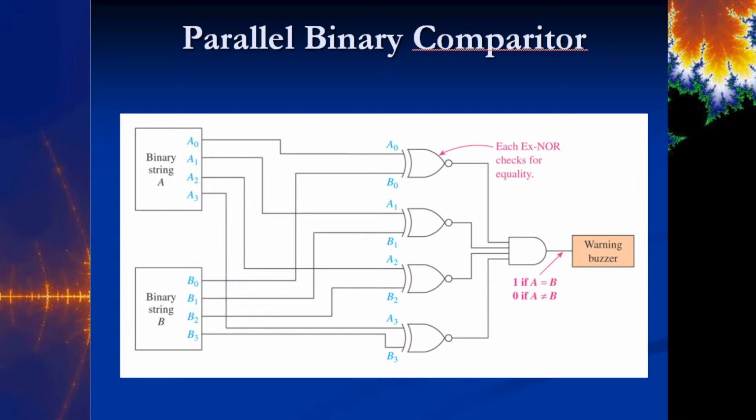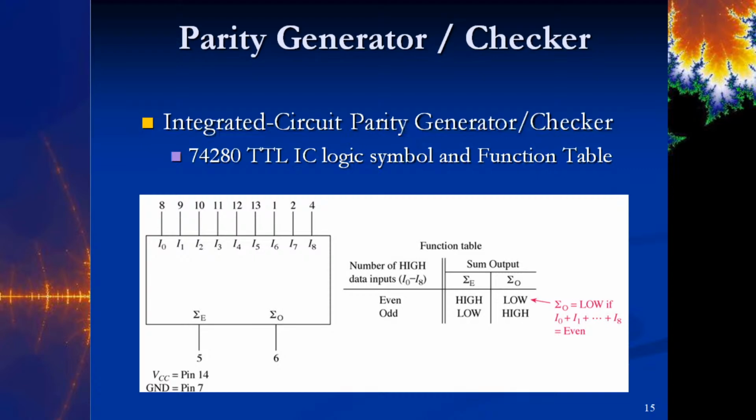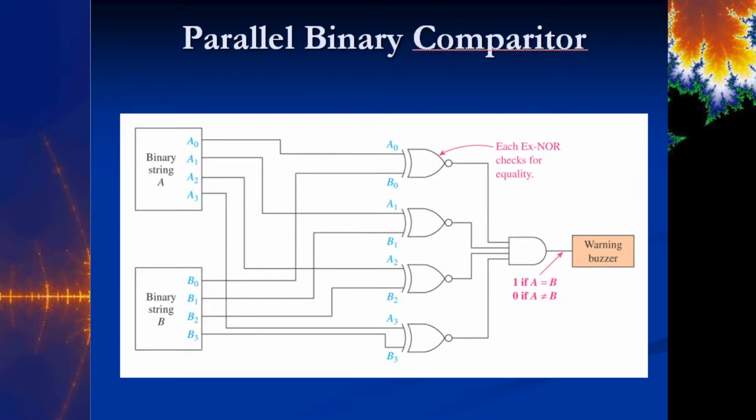If I was going to do a binary parallel comparator, and I asked you to write one down on the exam, this is the one I'm going to ask you to write. Because essentially all you're doing here is you're taking two binary strings and you're determining if they are the same or not. That's a little bit different than the parity checking system here, okay?